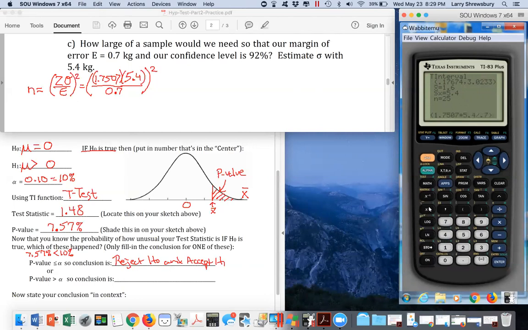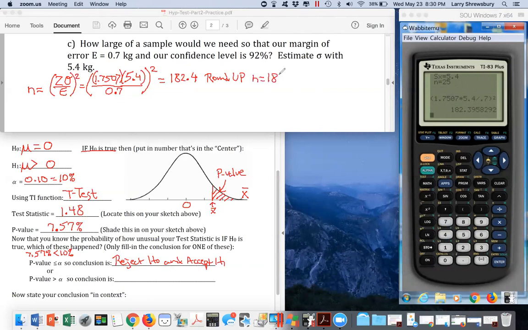Right parenthesis, and then square it. And that's a much bigger sample size than our 25. But that's what it'll take in order to get things narrowed down. So that's 182.4. And of course, we round up, because we have to meet or exceed these demands, to 183.